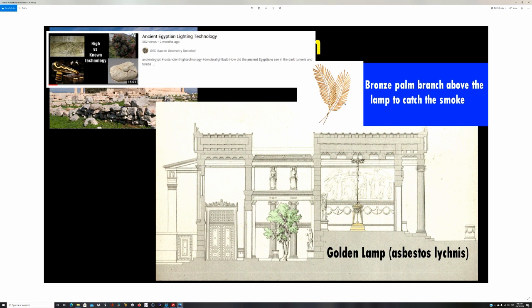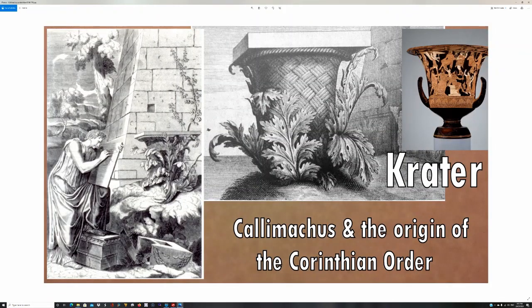But the golden lamp aside, now we come to Callimachus and the origin of the Corinthian order. Here we see what's called a crater. Imagine a classical church bell upside down. That's a crater.